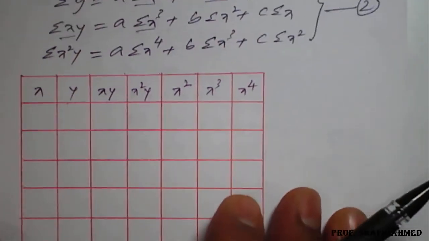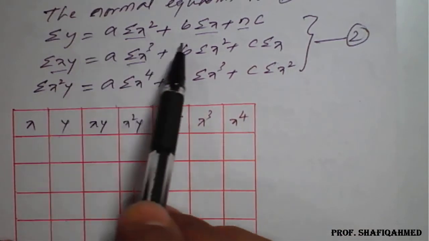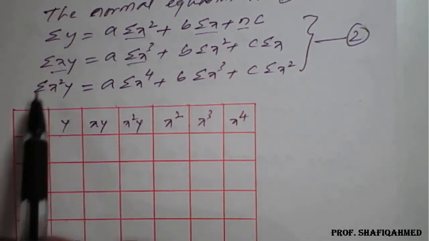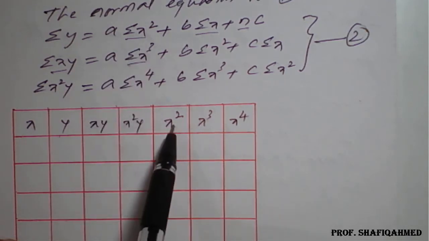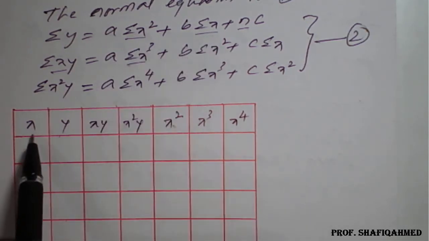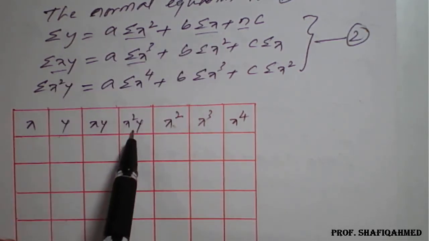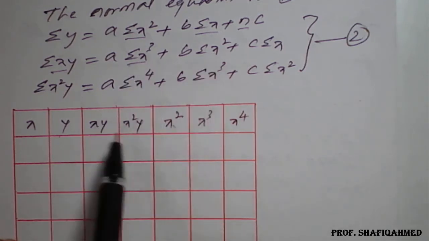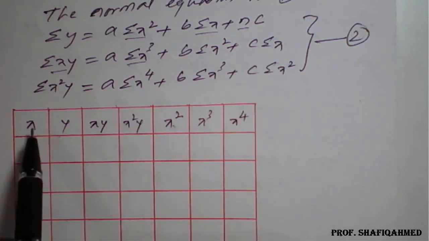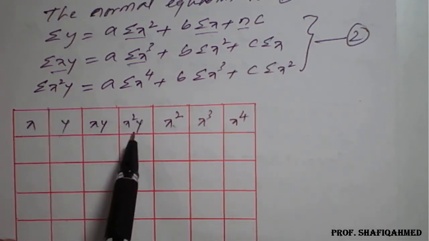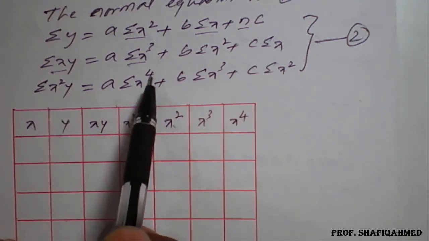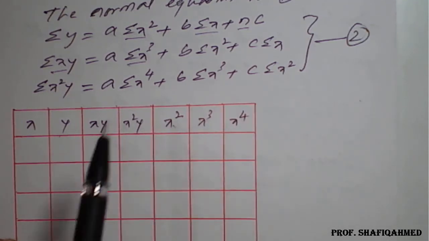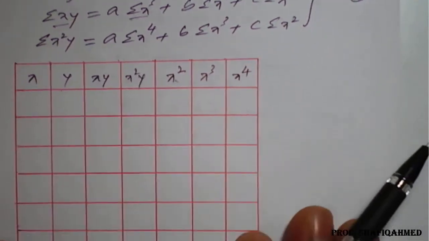We have collected these from equation 2 only. Summation y, summation of x square, summation of x, summation xy, x cube, x square, summation x, x square y, x raised to 4, x cube and x square. These are the columns we have to collect from equation 2 only.